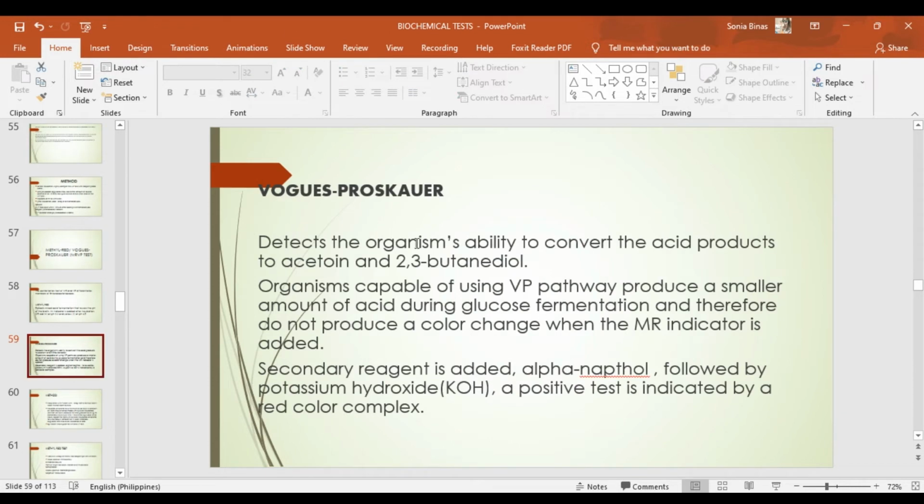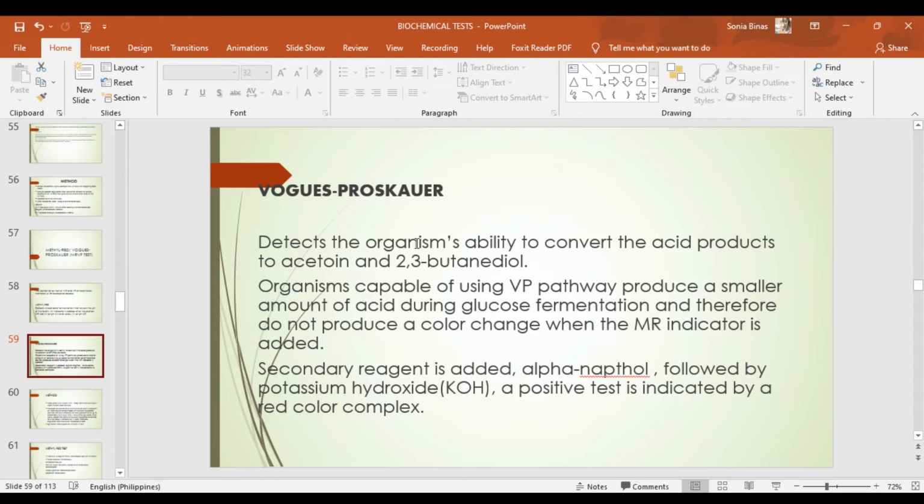So, sa ating Voges-Proskauer, it detects the organism's ability to convert the acid products to acetone and 2,3-butanediol. Organisms capable of using the VP pathway produce a smaller amount of acid during glucose fermentation and therefore do not produce a color change when the MR indicator is added.